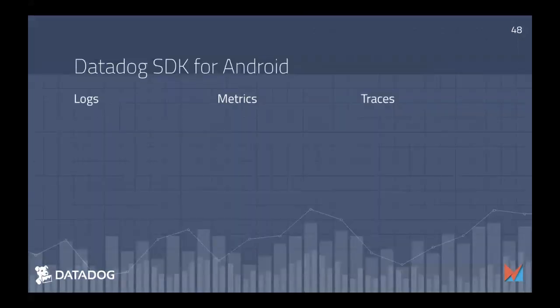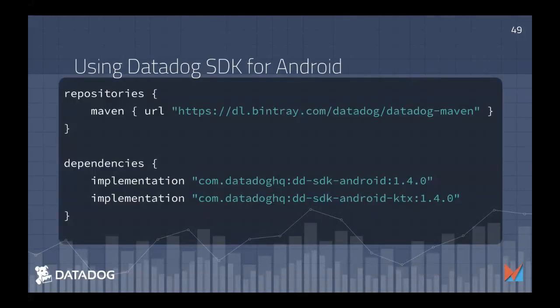We have an SDK in Datadog which provides a few kinds of information: logs, metrics, and traces. We're going to look into it. It can bring you some information about how your application really behaves. Getting the library in your application is very, very easy.